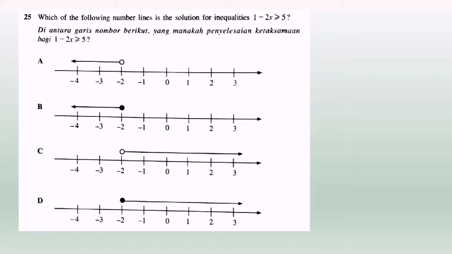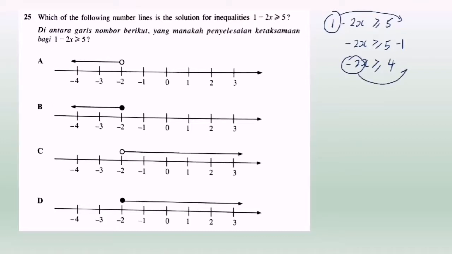Question number 25. Which of the following number lines is the solution for inequality 1 minus 2s greater or equals 5? First, we solve the inequality. So negative 2s greater or equals 5 minus 1. Negative 2s greater or equals 4. So now, opposite of the multiply is divide.